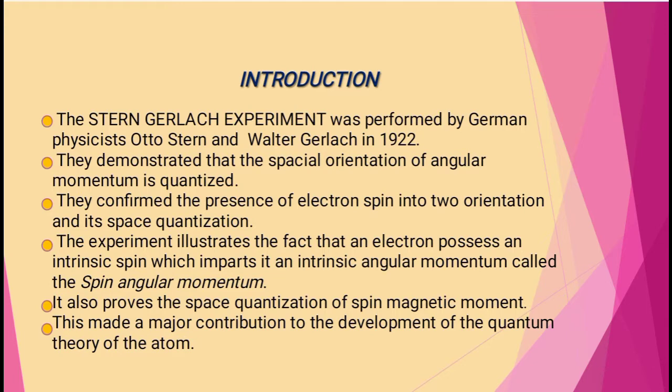They illustrated that an electron possesses an intrinsic spin which imparts it an intrinsic angular momentum, and this angular momentum is called spin angular momentum. The experiment also proves the space quantization of spin magnetic moment. The Stern-Gerlach experiment made a major contribution to the development of the quantum theory of the atom.